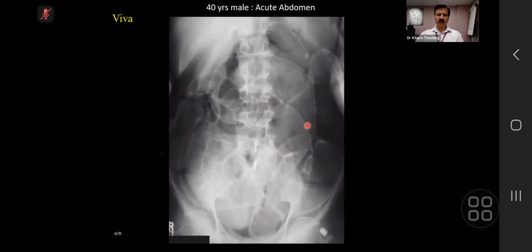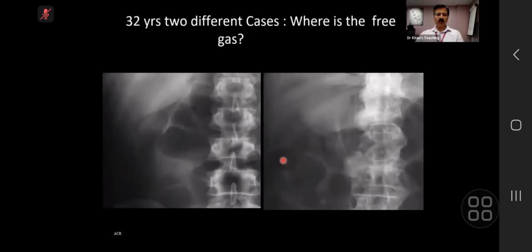Now, what are the signs of pneumoperitoneum on a plain film? At times you can see gas accumulated, for example, here in the subhepatic region, you can see this gas here, and there is gas here also. So these things should be in your mind.